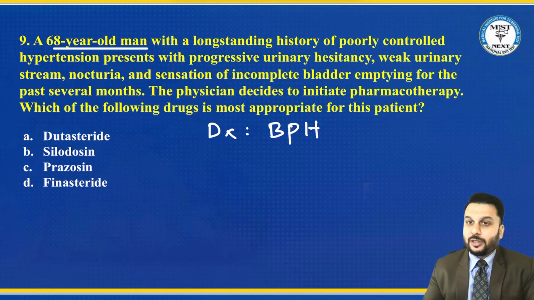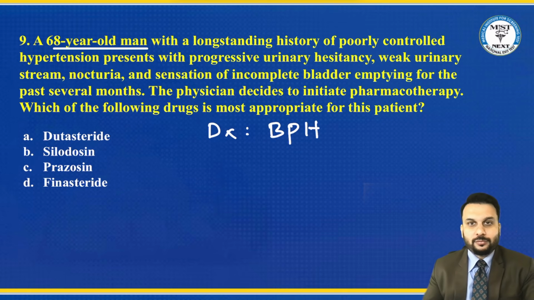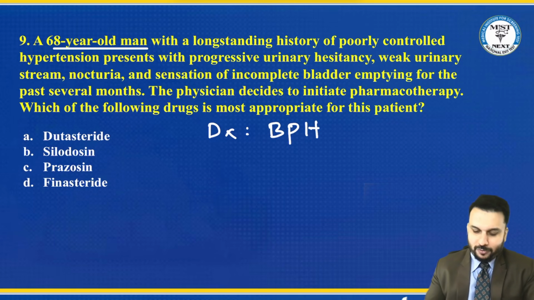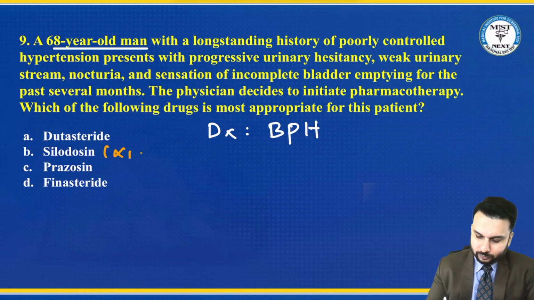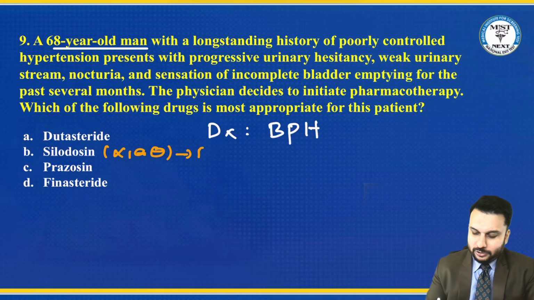One is tamsulosin, another called silodosin. Sir, silodosin is not the correct answer here. You must be wondering why. That's the most popular drug we all have heard about, tamsulosin and silodosin, alpha 1A blockers. Alpha 1A, they can only treat BPH.